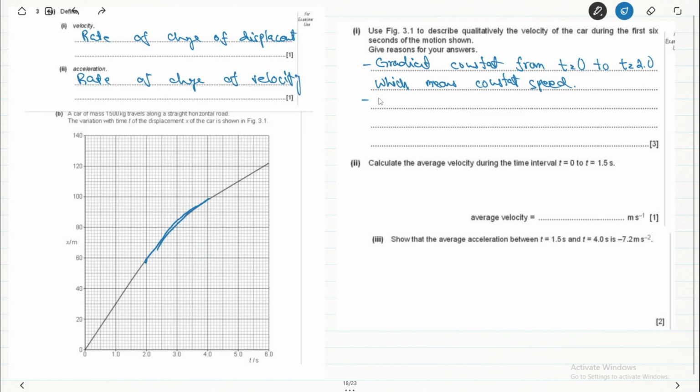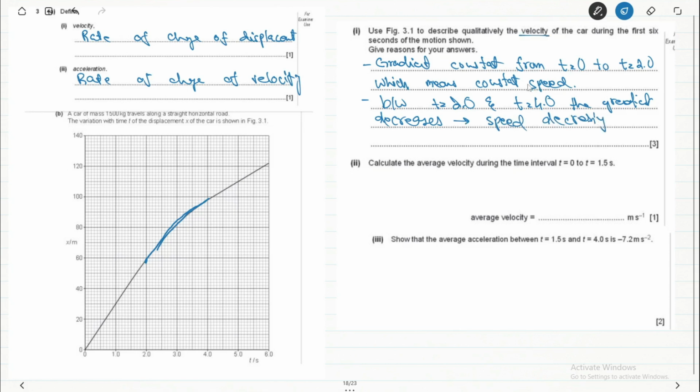So between t equal to 2.0 and t equal 4.0, the gradient decreases, right? Which suggests that velocity is decreasing.